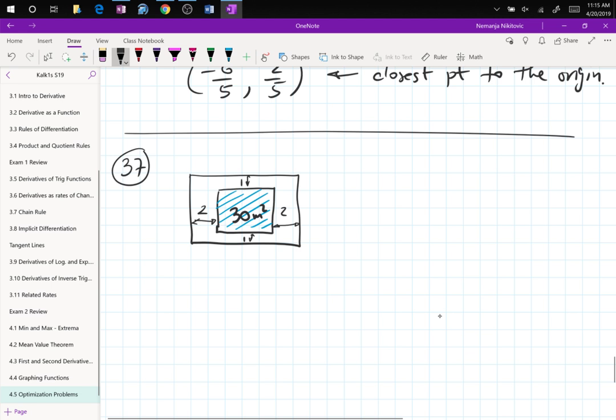So now, they say, what dimensions do we need to minimize the combined area? Your pool is 30 meters squared. That's fixed. So you can't get less of a pool. But minimizing the whole area is minimizing what?